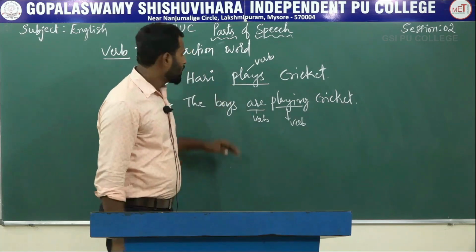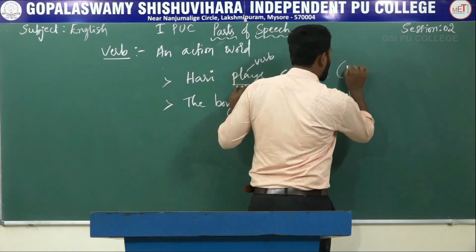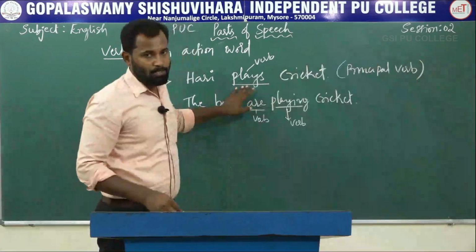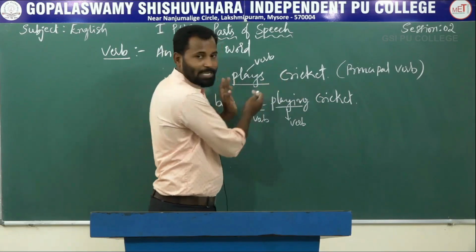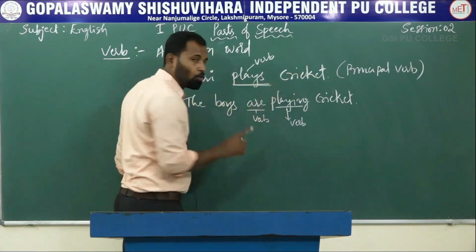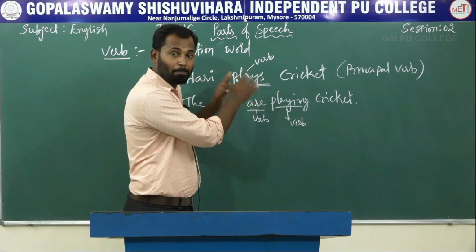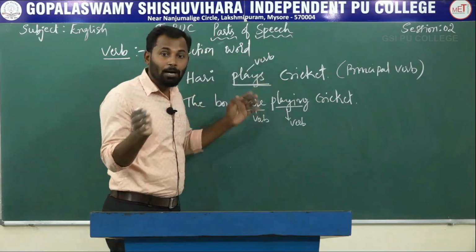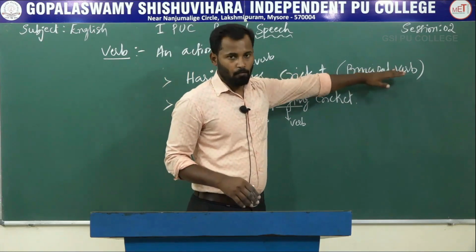In the first sentence, the word play is a verb, and that too, the verb play is a principal verb. Now you may ask, what is a principal verb? A principal verb occurs within a sentence and completes the action on its own. Here you have only one verb, that is play, and it has completed its function on its own. It does not take the help of any other verbs to complete the action. So the verb play is a principal verb.